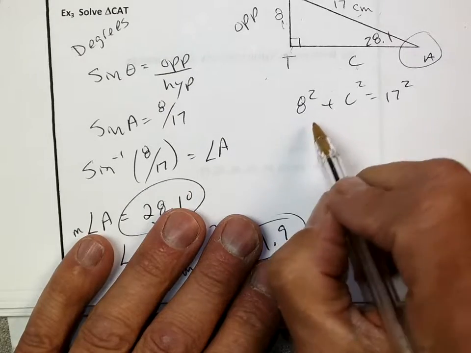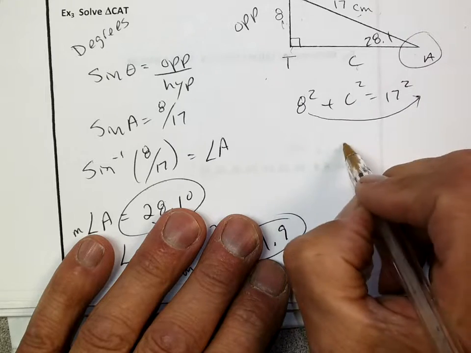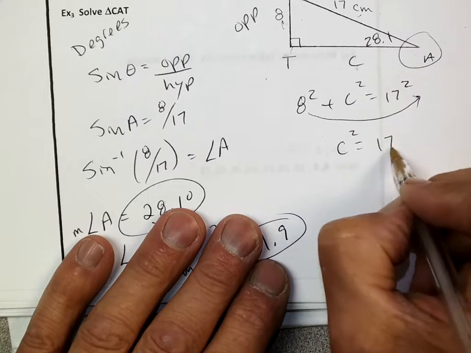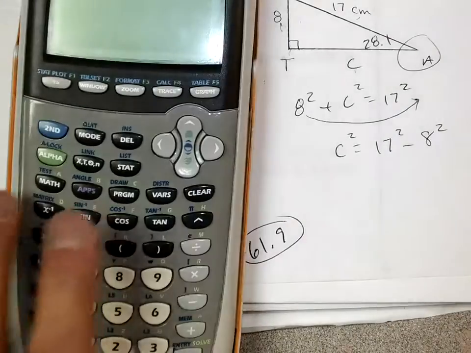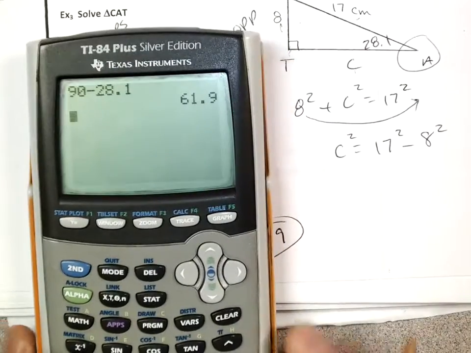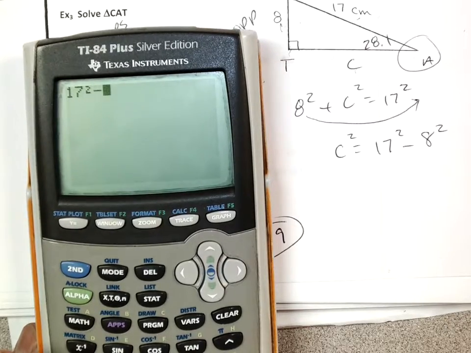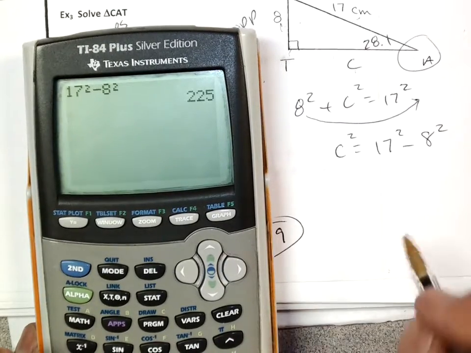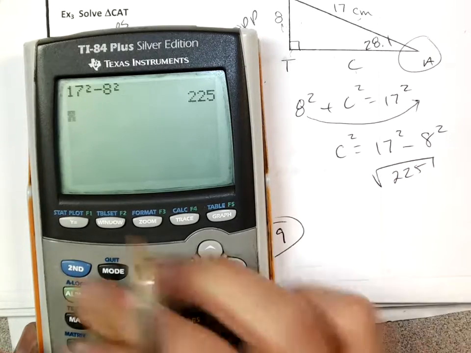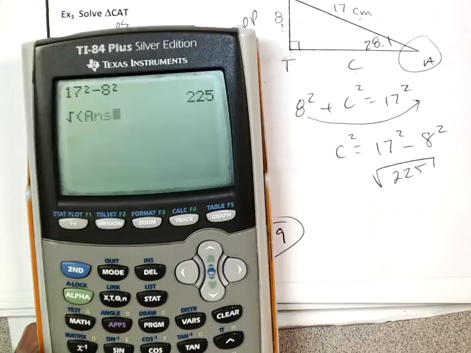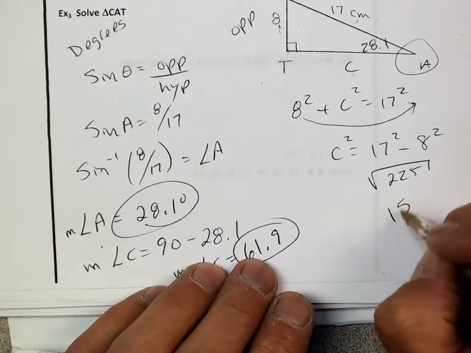I'll bring over the 8 squared. c squared is equal to 17 squared minus 8 squared. Let me use my calculator to get that. Clear, 17 squared minus 8 squared. 225, so I'll take the square root of 225, which is 15. Yep, there it is, 15. So little c is 15.